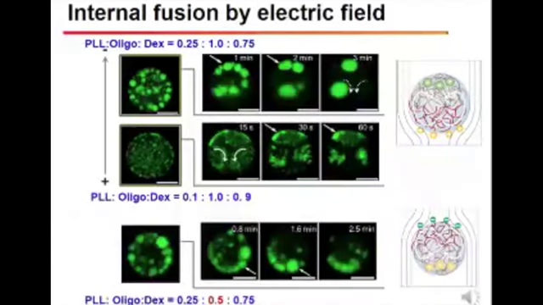Electric field can also cause internal fusion, but in a different way. As you can see from here, at low electric field, it causes a circulation. The circulation pushes the droplet from the bottom part to fuse, and pushes the upper part, just pushes them to fuse.